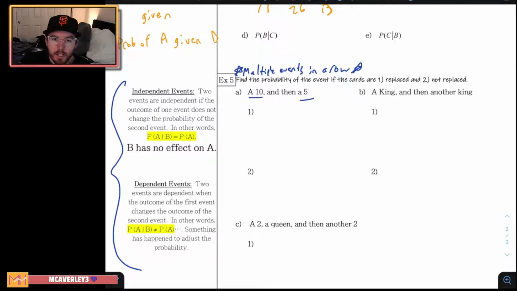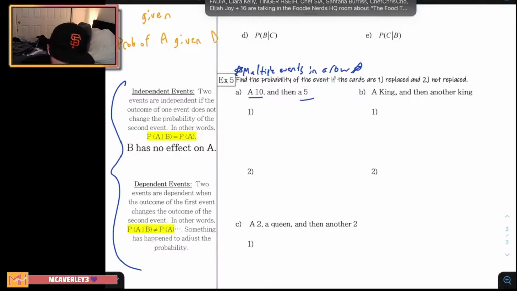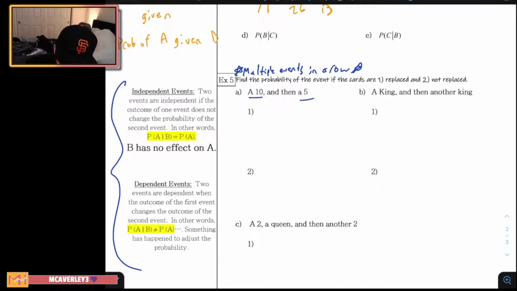Because that's way more unlikely for 2 events to occur, right? It's one thing to say, oh, it's going to be a 5 and then, hey, we got lucky. But what about a 10 and then a 5, right? 2 events in a row. The odds aren't really in our favor at that point, right? So what is the probability of this occurring? How do we do this?